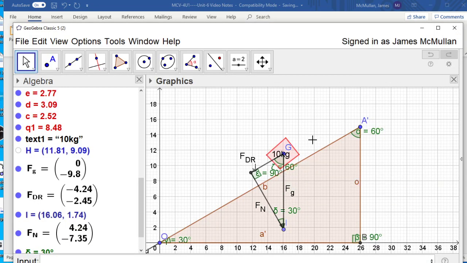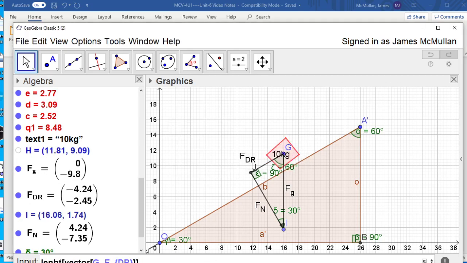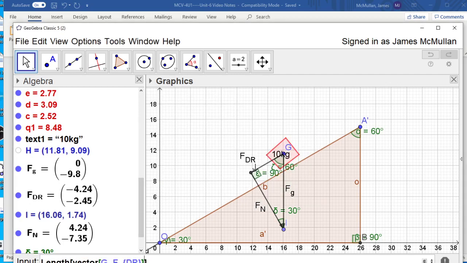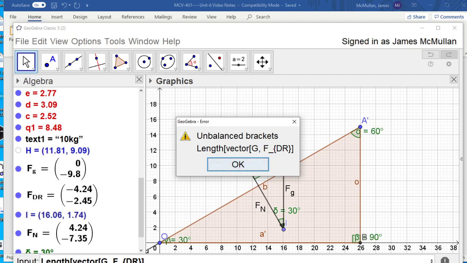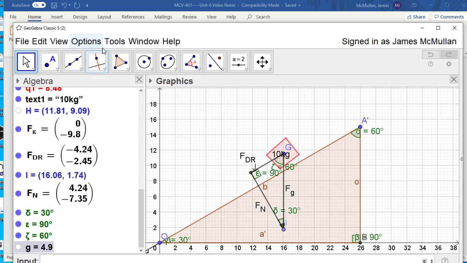Again, in mine, I scaled it down by a factor of 10. But if you take the length between vector G and FDR, oh, sorry, that's not G, sorry, G and J, it's exactly 4.9, because mine's scaled down by a factor of 10.